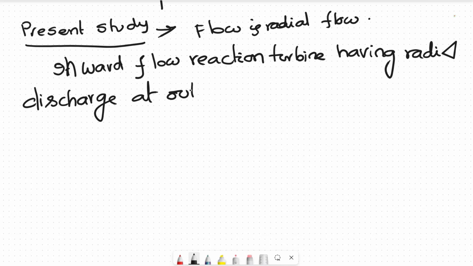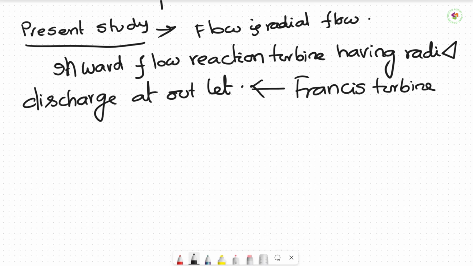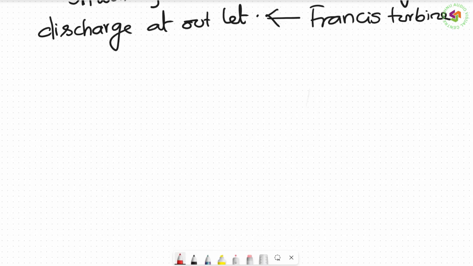This is the Francis turbine which we are studying right now. But remember that in the modern Francis turbine, the flow entry is radial and exit is axial. It enters radially and leaves axially. So this completes the first topic, characteristics of Francis turbine.